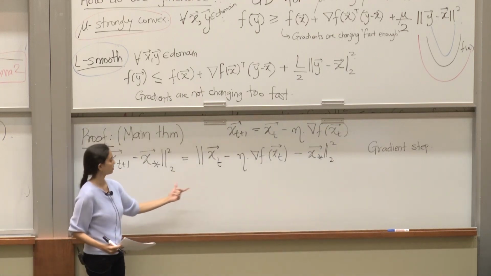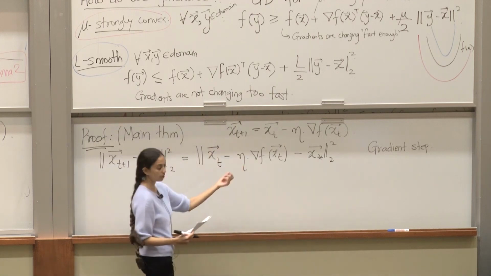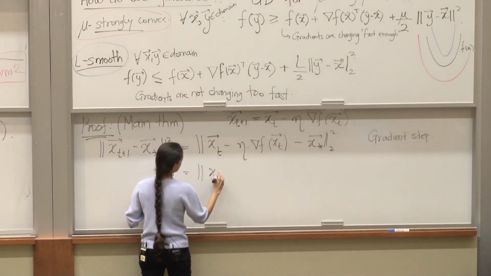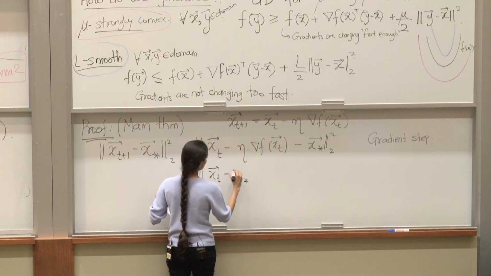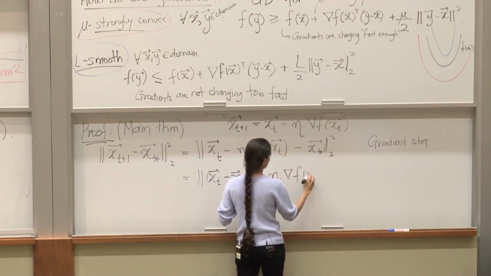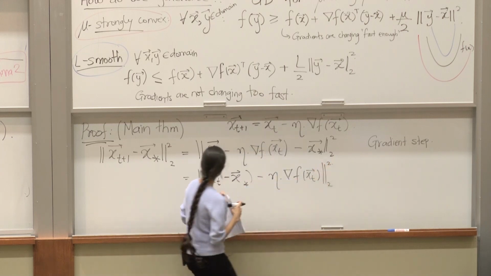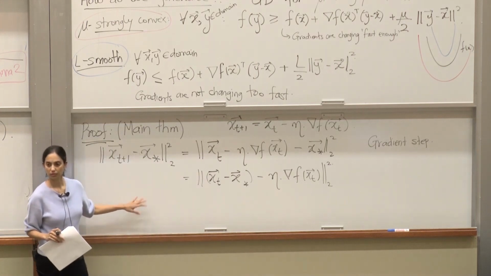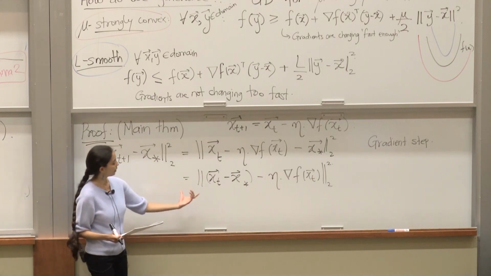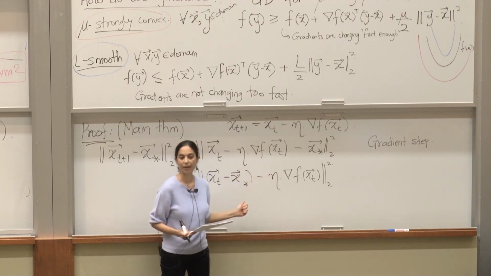And now looking at this, I want to pull out this xt minus x star. So I'm just going to rearrange this to write it as... we're good here? And now I can think of this as a vector and this as a vector, and I can expand this square out.